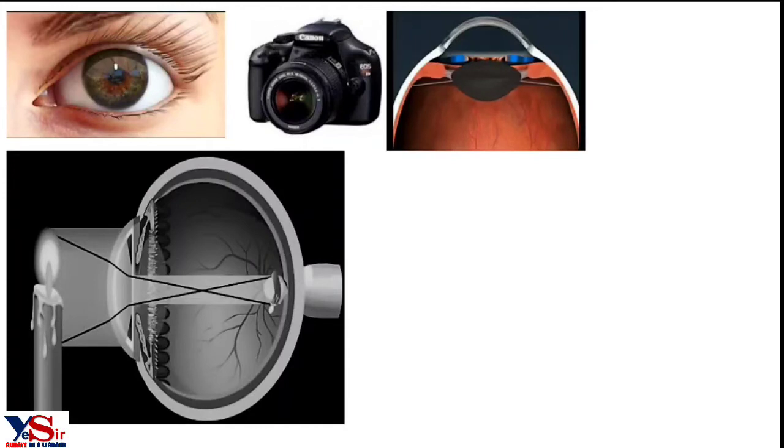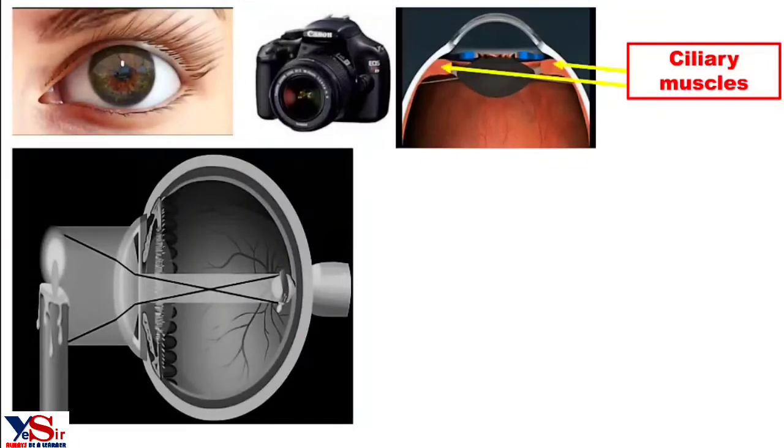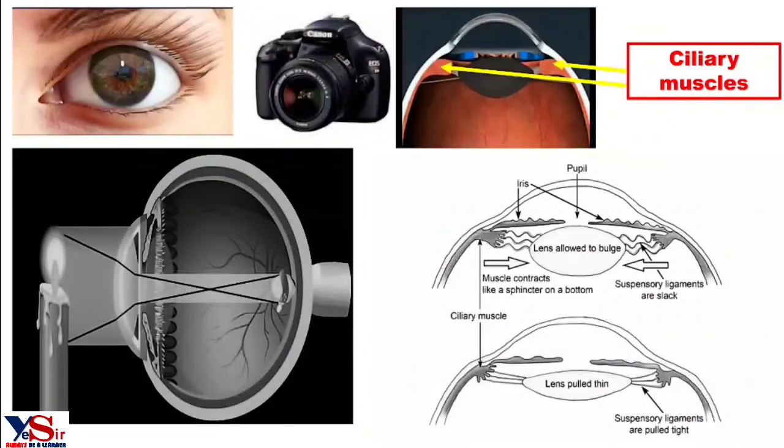The figure shows how the ciliary muscles control the lens. Observe this picture. In this, it shows how suspensory ligaments connect the ciliary body of the eye with the lens.